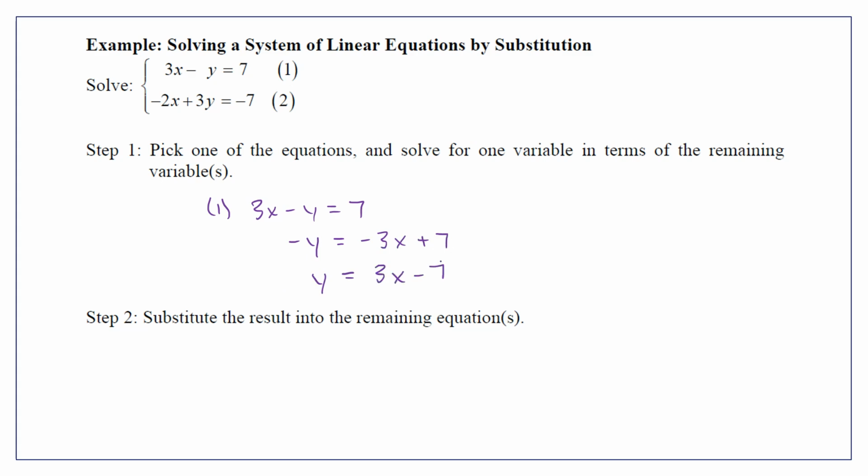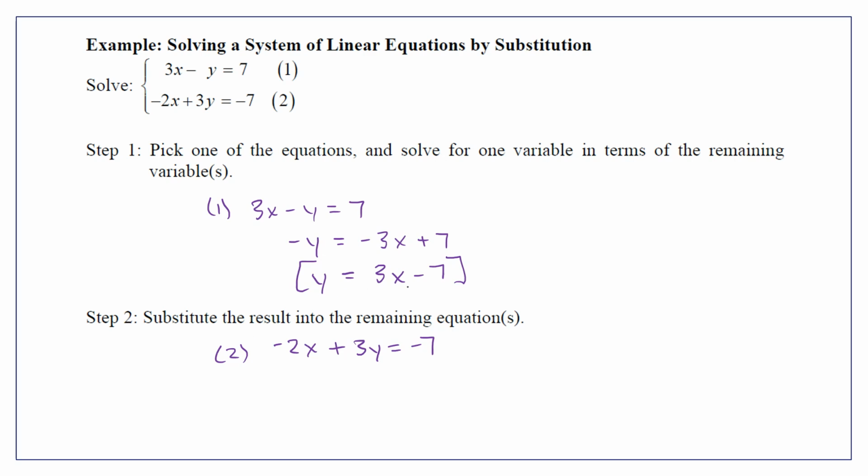Okay. Now for step 2, we're going to substitute the result into the remaining equation. So now I'm going to take the equation that I found, or rearranged to, and I'm going to substitute that into the equation that I did not use. So that would be equation 2. So negative 2x plus 3y equals negative 7. So I'm going to take this equation of y and substitute it in.